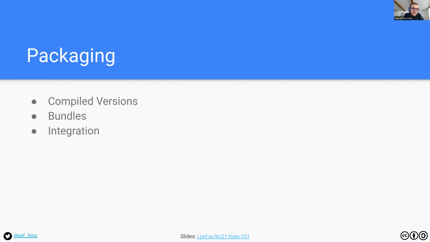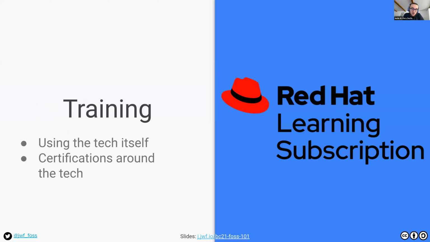You can also have packaging with different compiled versions, or bundling different pieces of software together, or integrating them across different stacks. You can also have training, where you support people around using the technology itself, and even offer certifications around the tech. Again, Red Hat has an excellent example of this through their learning subscription program and the certification courses they offer for all their different products.